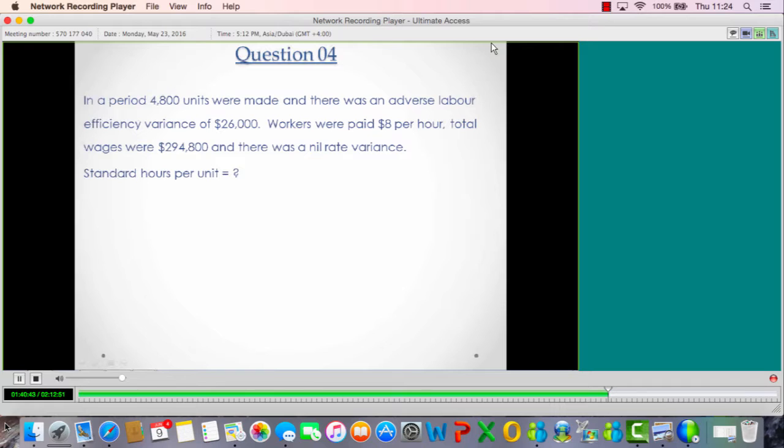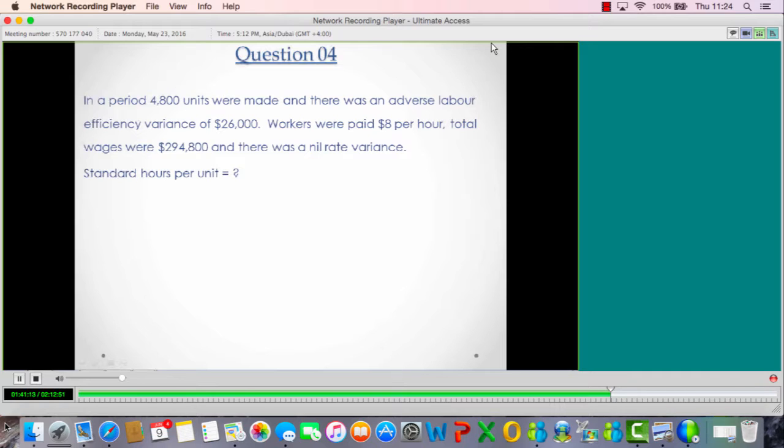That means what? There was no variance between the standard and the actual rate. Yes, exactly. No nil rate variance means my actual labor hour and my standard labor hour is going to be the same. Is it clear?